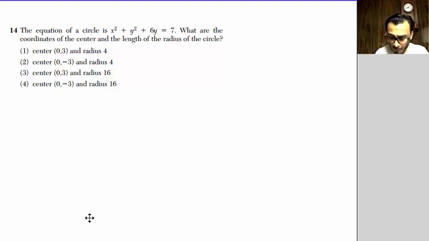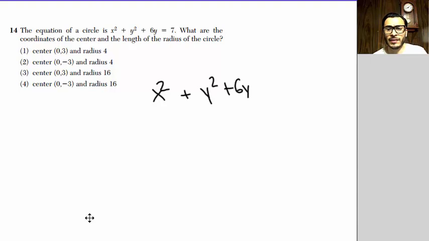All right, number 14 requires completing the square to find the center and the length of the radius. So here's how I like to do this. Let's bring all the x's together. In this case, we only have an x. And let's bring all the y's together. And let's add a box after the 6y.